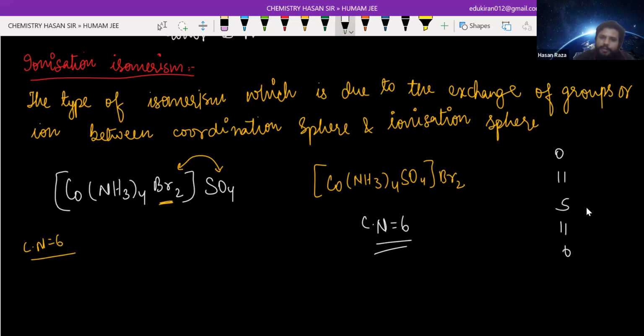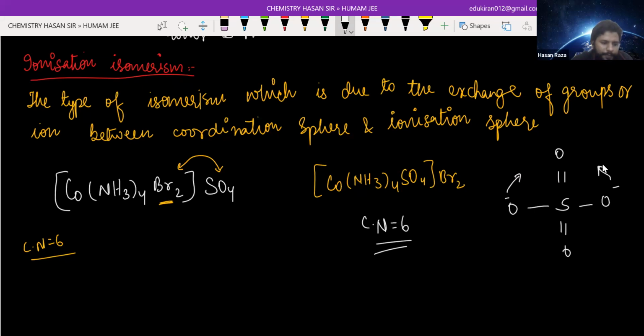Everyone knows that, right? So O negative is there, so there are two donor sites. Is that clear? Yes, okay. Please do write it.